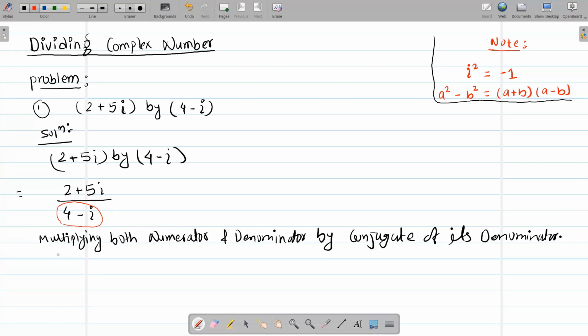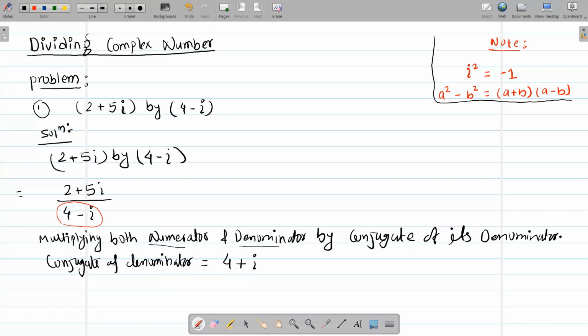So the conjugate of the denominator is equal to what? 4 plus i, right? So this is the conjugate of its denominator. Now we have to multiply both numerator and denominator by the conjugate of its denominator, which is this.